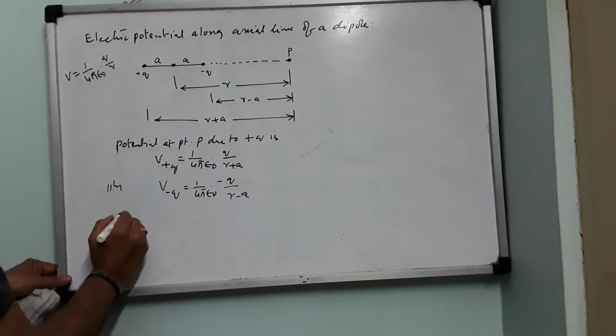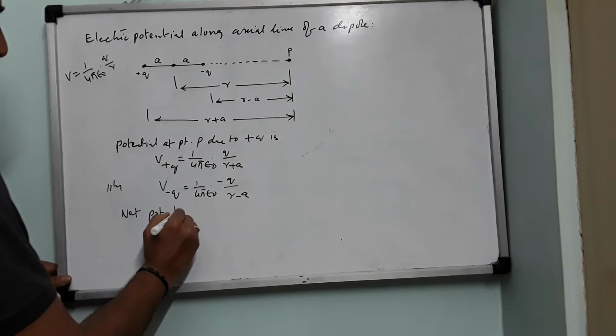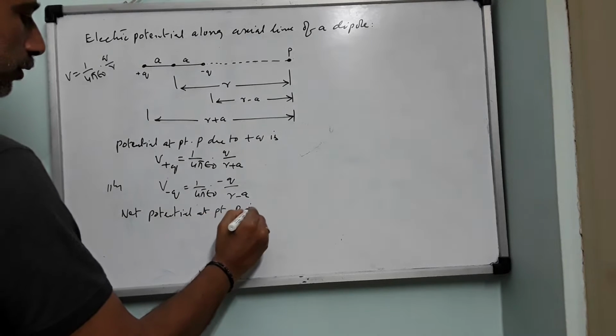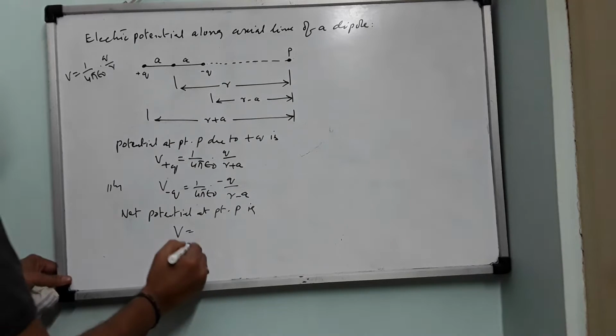Now, net potential at point P is V equals, potential is a scalar quantity, scalars are additive, so you can add them directly.